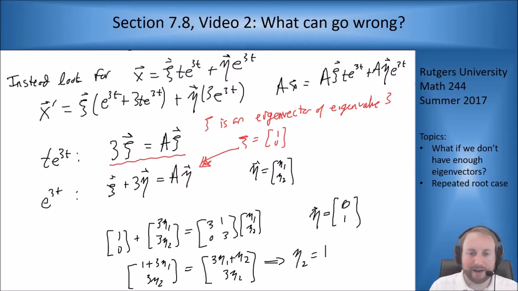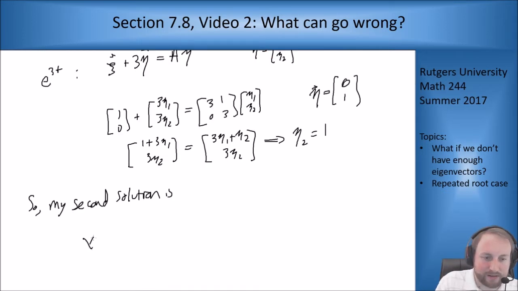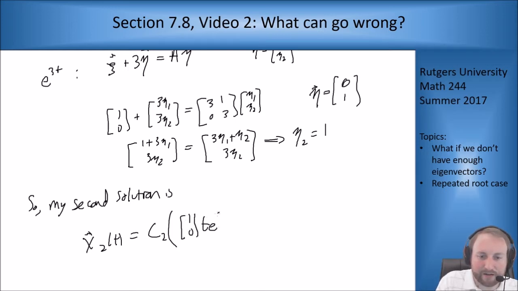And that will solve my problem. So what I get as my second solution is x2 of t equals some constant c2 times 1, 0, t e to the 3t, plus 0, 1, e to the 3t.